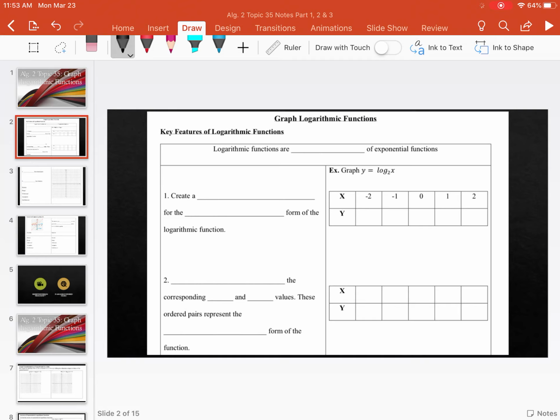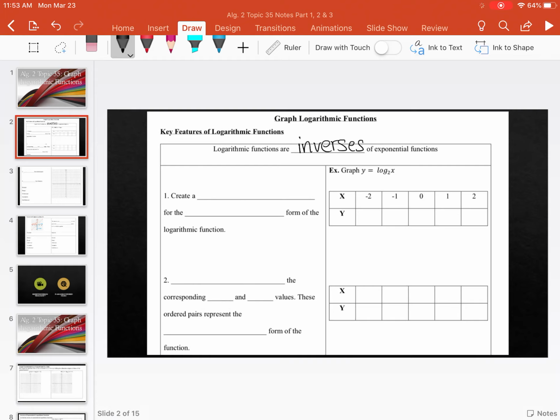This is very similar to the key features of exponential functions, so these terms might sound familiar to you. First, we want to note that logarithmic functions are inverses of exponential functions.